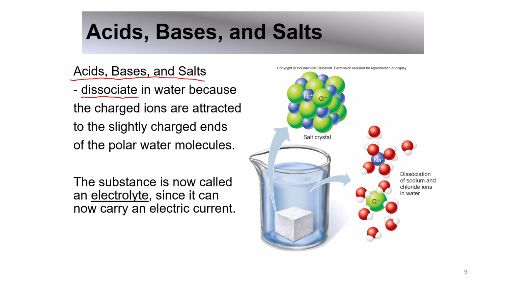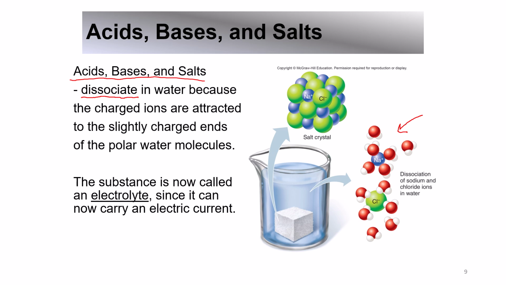Yeah, so that's because when we put them in water, these are charged ions and they're attracted to the charged parts of the water molecule. So if you look at the picture, that's what I mean. Here, when we put salt into water, it ends up separating into sodium and chlorine. So here the water molecules end up separating the sodiums away from the chlorines, because they're just kind of like hugging them away from each other.